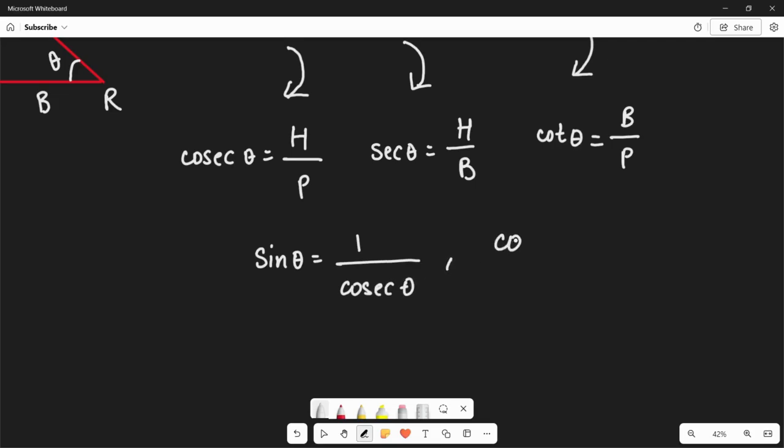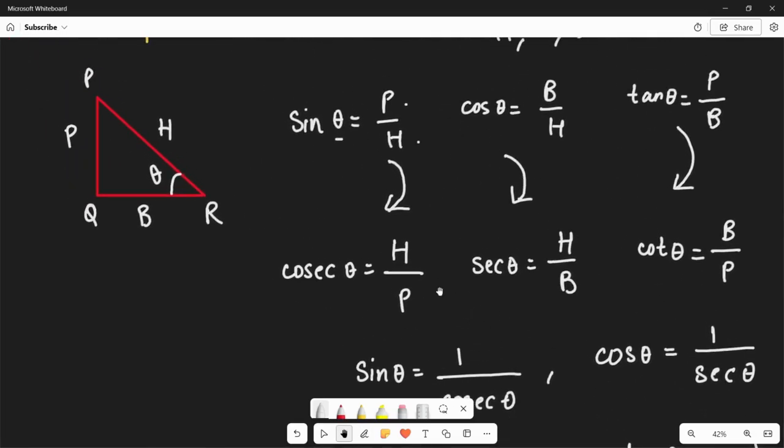Similarly, cos of theta is nothing but 1 by secant of theta, while tan of theta is nothing but 1 by cot of theta. That is, sine function is inverse to the cosecant function, cos function is inverse to the secant function, and tan function is inverse to the cot function. So these are the basic trigonometric ratios that we will be using in this chapter majorly.